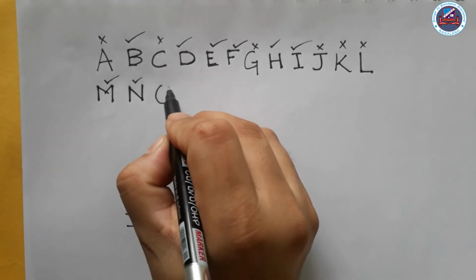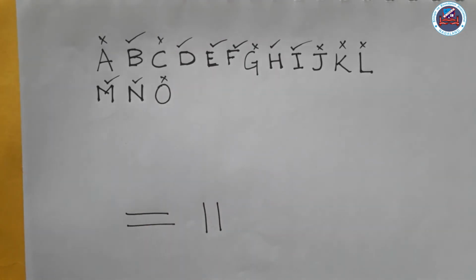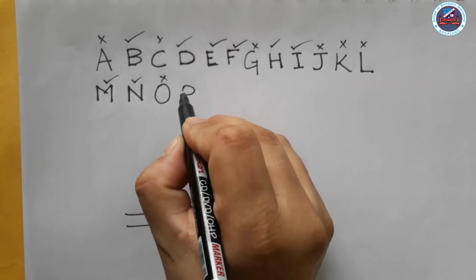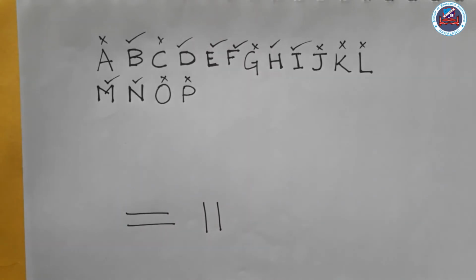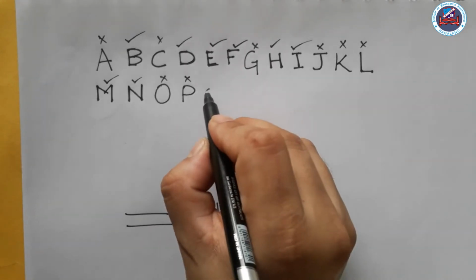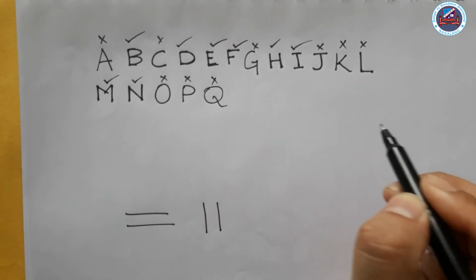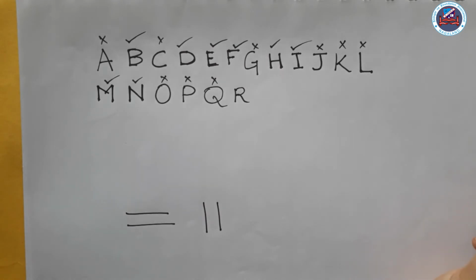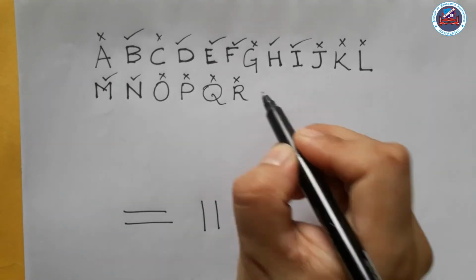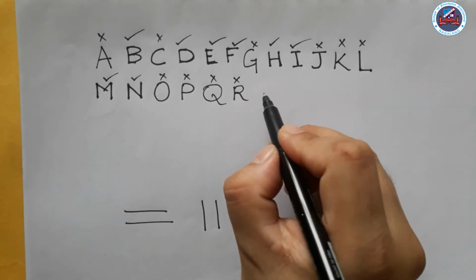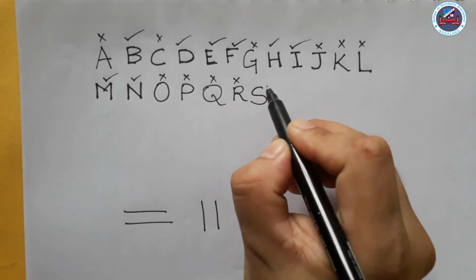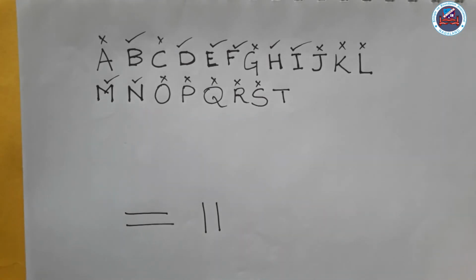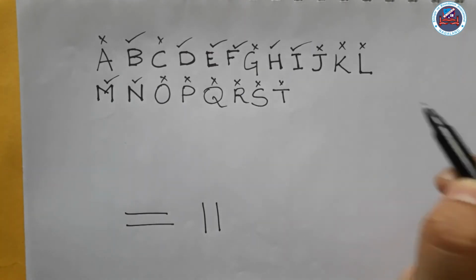What about O? O definitely does not have a parallel line. What about P? I don't think so. Again, it depends on how you are writing the alphabet. Q, it does not have. R, like I said, it depends on how you're writing, but in this case I'll just say it does not have. S, no. What about T? It definitely does not have.